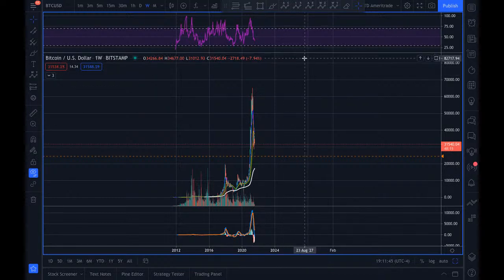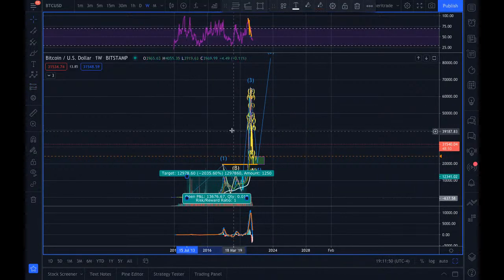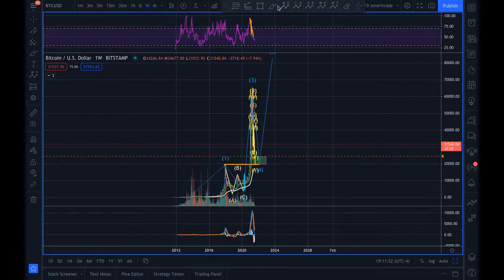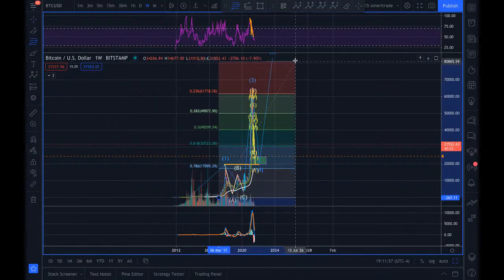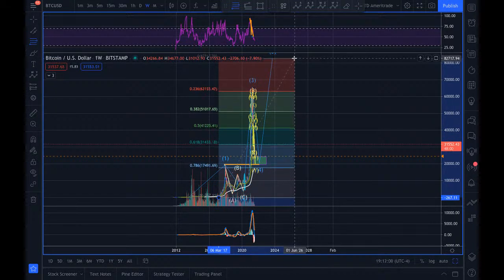Because if it does go all the way up, let's say it goes all the way up to, oops, that was the wrong tool. Let's say it goes all the way up to 82 or whatever I had it at. Okay, let's say that's the top for this big wave that isn't done yet. It's going to come back down to at least 40 grand, at the very least. It could go back down to like 17.